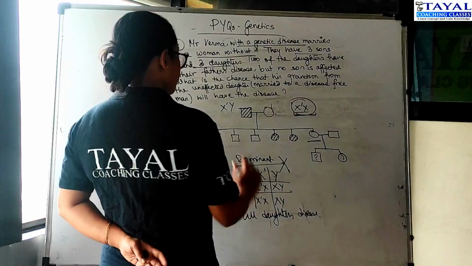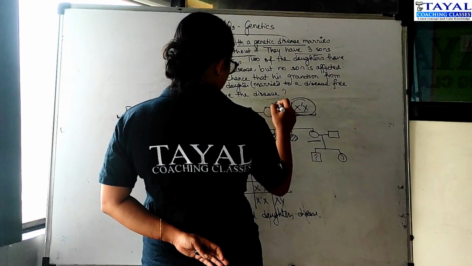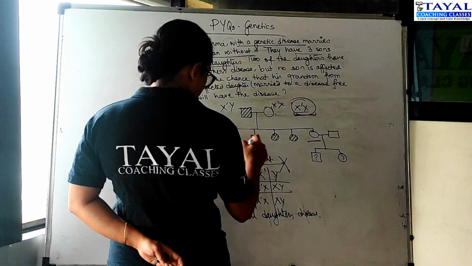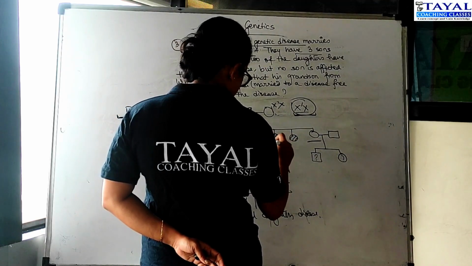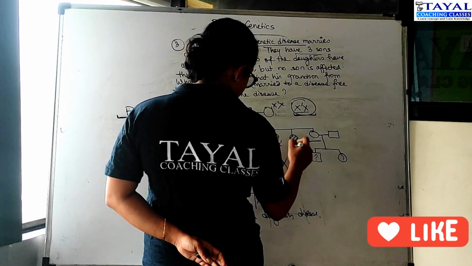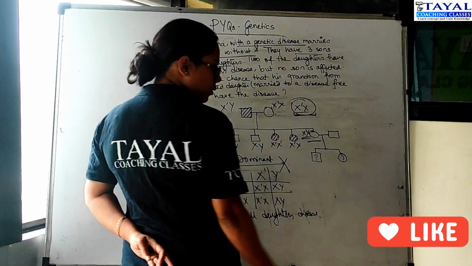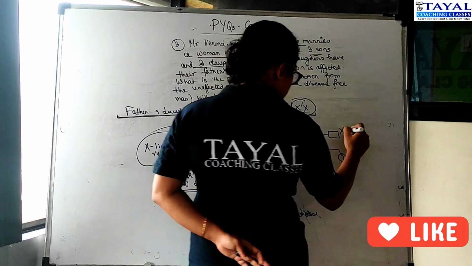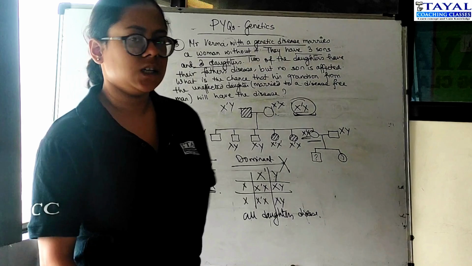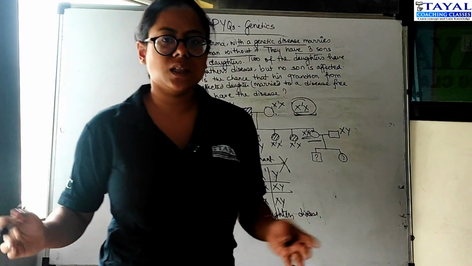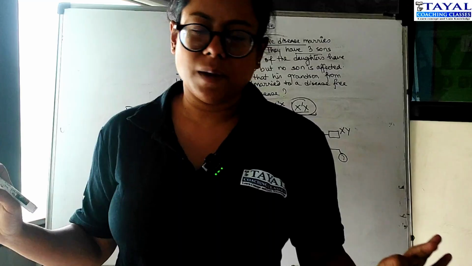So now, if this is X-linked recessive and the mother is a carrier, then the genotypes would look something like this. Now this lady is a carrier and this man is disease free, he is normal, and because it is a hemizygous condition, normal means he has not even one problematic allele.